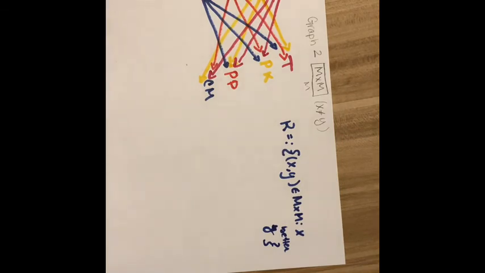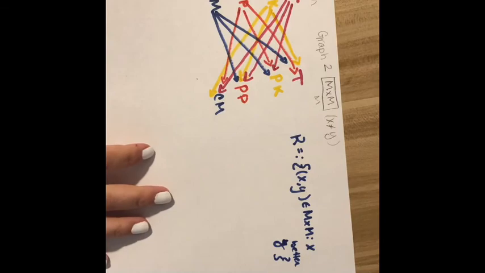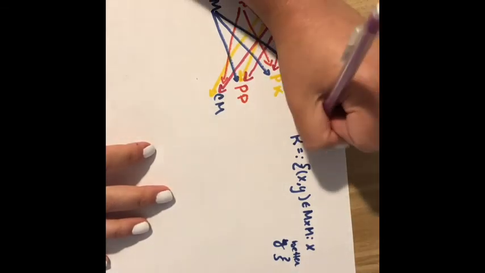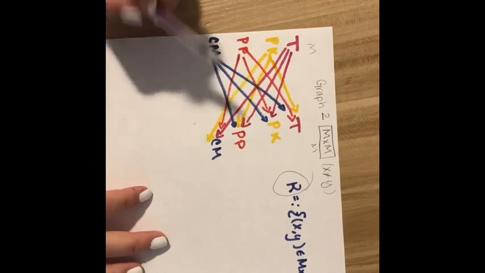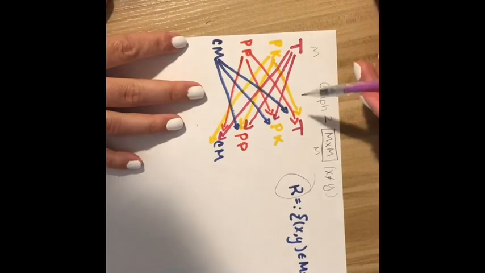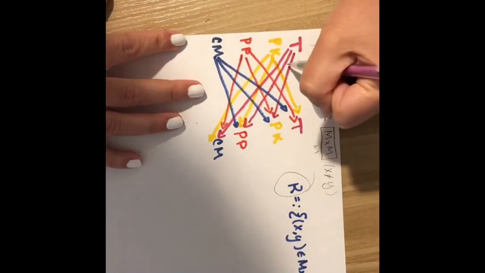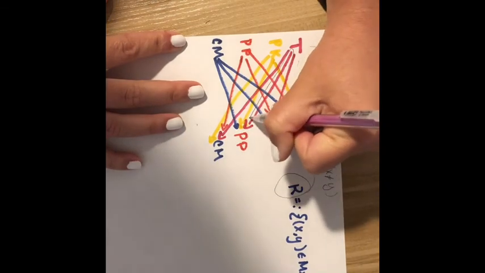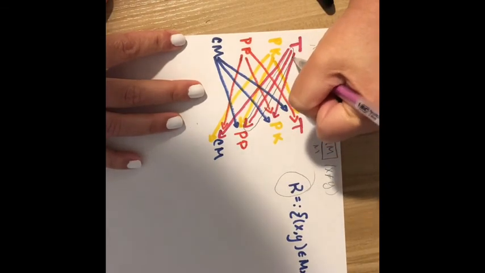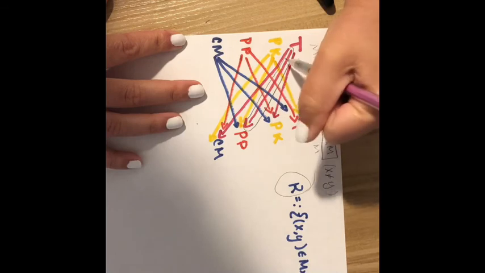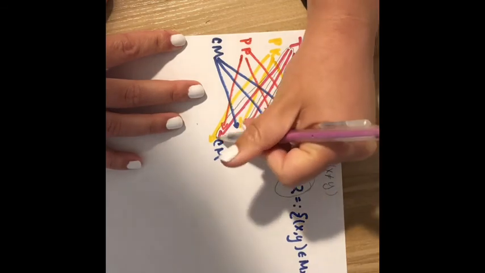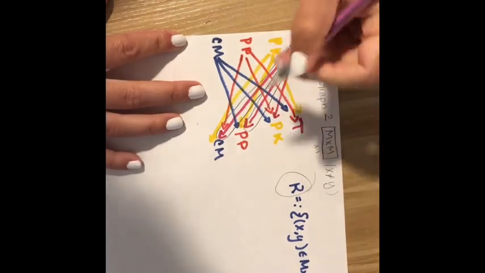X is better than Y, right? So within that, I'm gonna circle the lines if they're in R. So we have Trolls is better than Paw Patrol. So this line gets circled. Trolls is better than Captain Marvel. That's it, just those two.